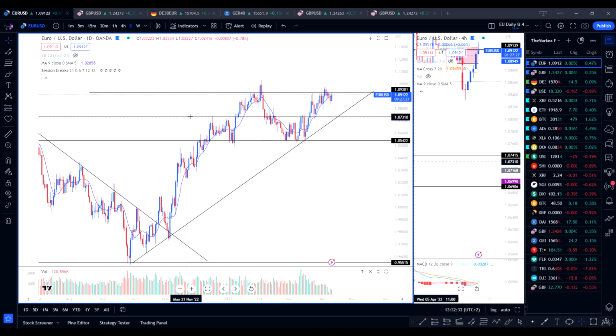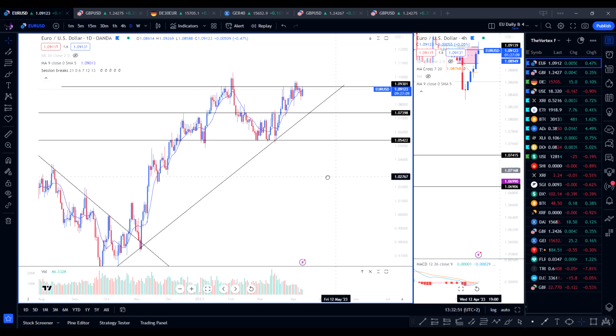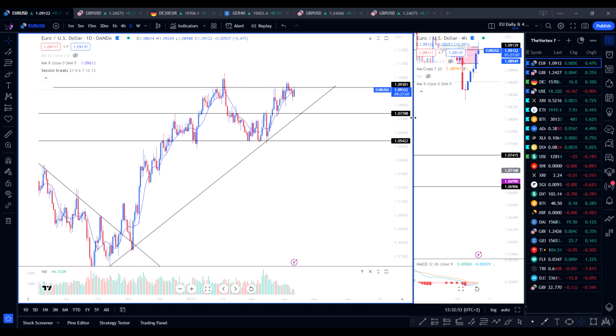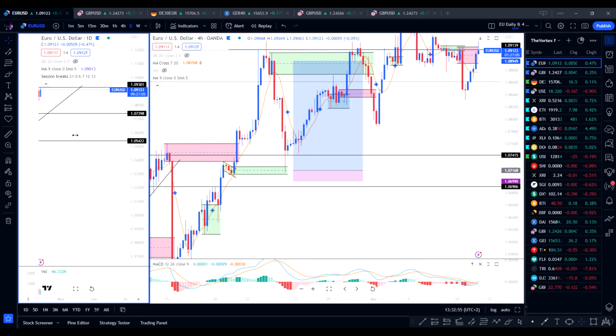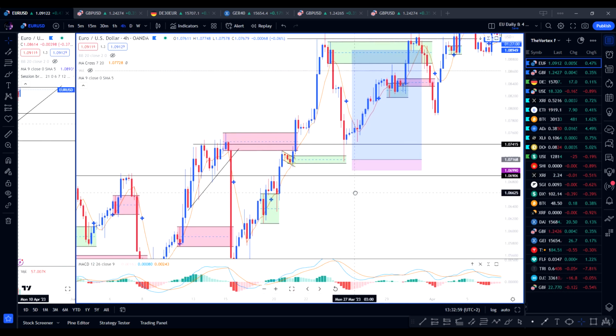All right, but this middle line is just as important because we can see we tested it as resistance, we broke through it, flipped it as support, came back down, flipped it again as resistance, came back down to the 1.05 mark, came back up, retested again as resistance, came back up, flipped it again to support. So we can see that that is an important zone, and that 1.07 zone that I had marked up was exactly close to where this order block was happening right here.